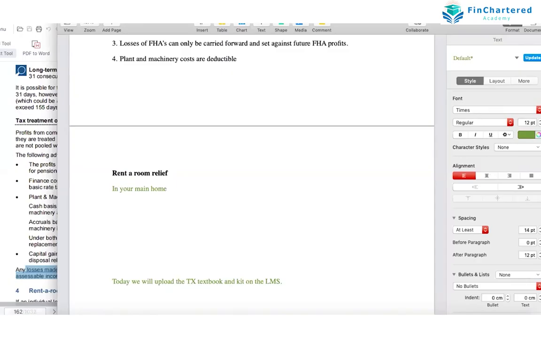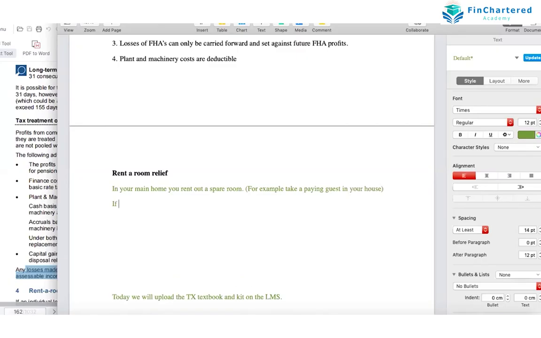So in your main residence, if you rent out a spare room, that is rent a room, basically. Again, there is a certain relief that you will get. So you're taking in a paying guest.